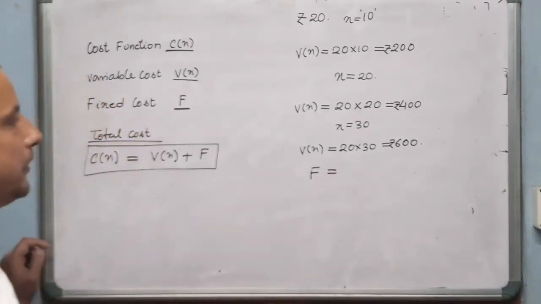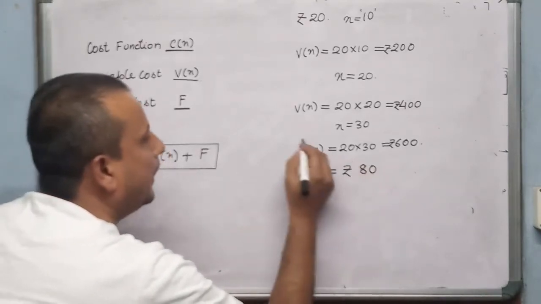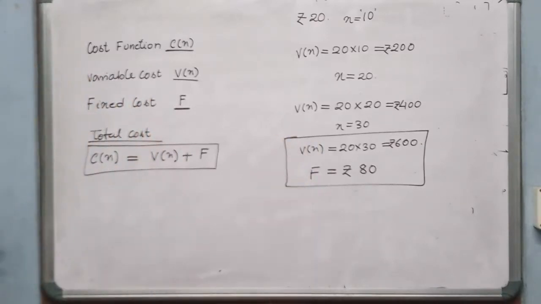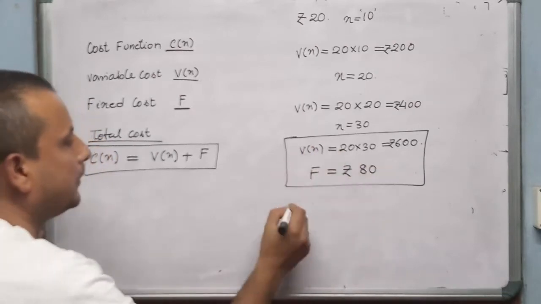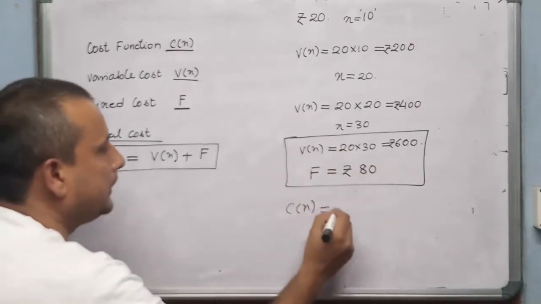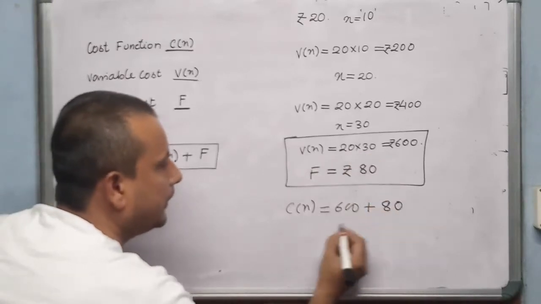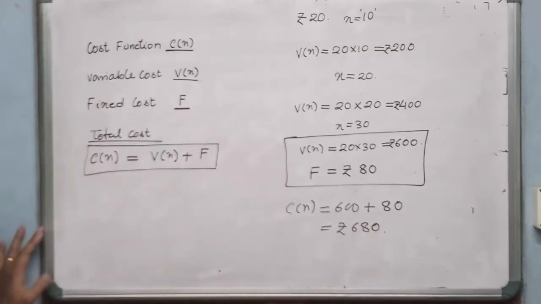Let us suppose the fixed cost is rupees 80. Then what will be the total cost? Variable cost is 600 and the fixed cost is 80, so the total cost is 600 plus the extra expenses that you have to add. The total cost will be 680 rupees.